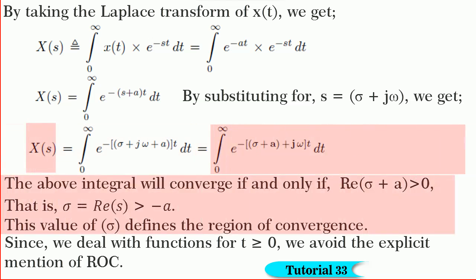The above integral converges if and only if real part of sigma plus a is greater than 0, that is, real part of sigma is greater than minus a. This value of sigma defines the region of convergence.